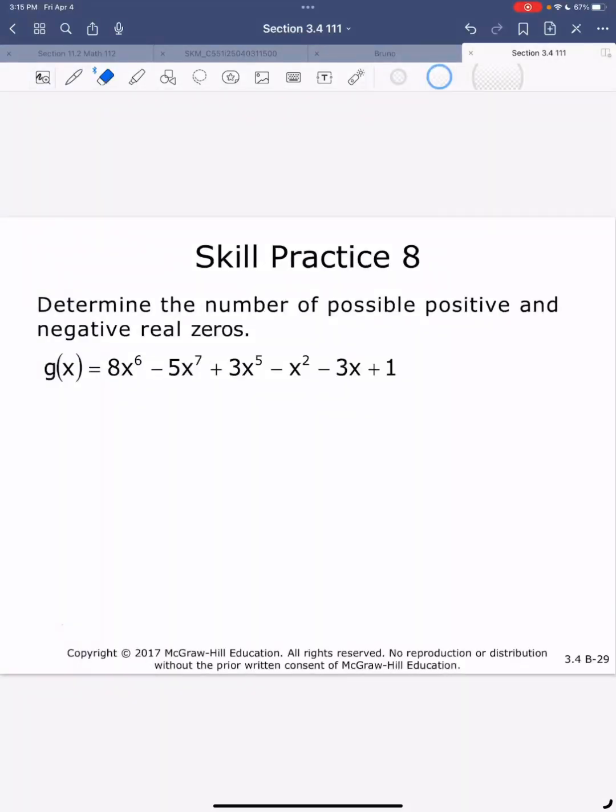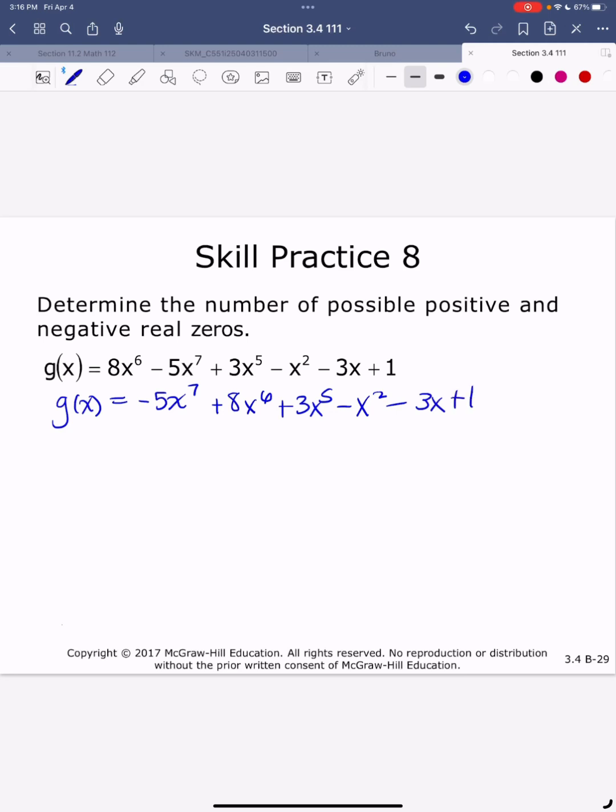We can use Descartes' rule of signs to find the possible positive and negative real zeros. But to begin with g of x, what we want to do is first write this in the order that we know is proper here, which is minus 5x to the 7th plus 8x to the 6th plus 3x to the 5th minus x squared minus 3x plus 1.